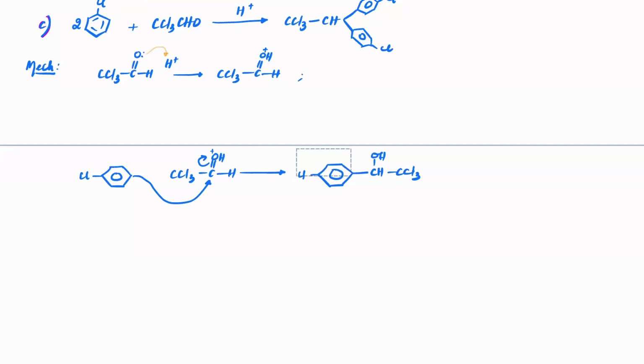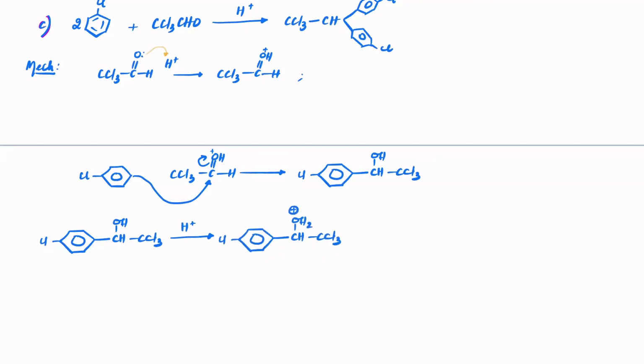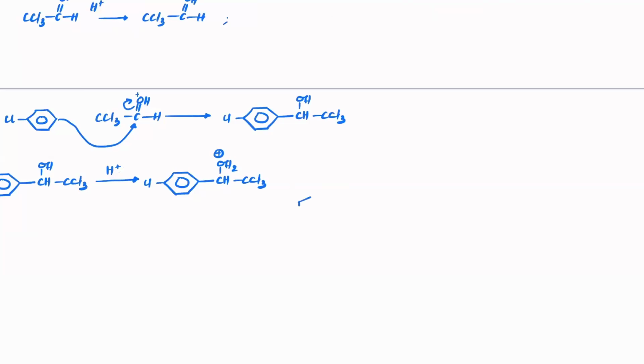But since it is still in acidic medium, with protonation it will get protonated to get this as OCH2 plus. And if you react with chlorobenzene again, from this para position it will attack and remove this water. Hence, we will get chlorobenzene on one end, CHCCl3 on the other, and on this side also another chlorobenzene.